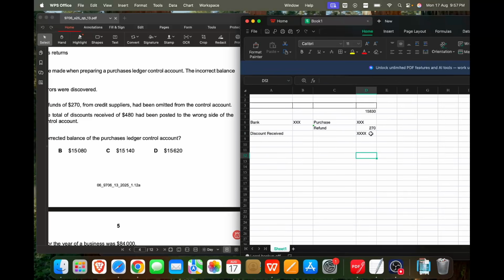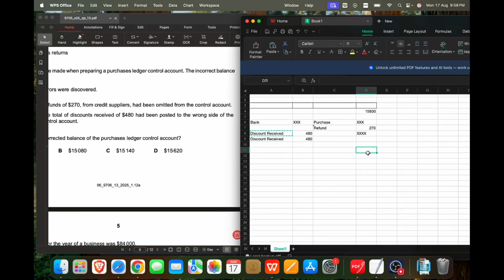Now if I want to rectify this, then we need to write it on the correct side, which is on the debit side. But if we just write 480, this will cancel out this incorrect entry that I have made out here. So I need to write this amount twice. The first entry will cancel out the incorrect entry, and the second entry will write the amount which should be there on the debit side.